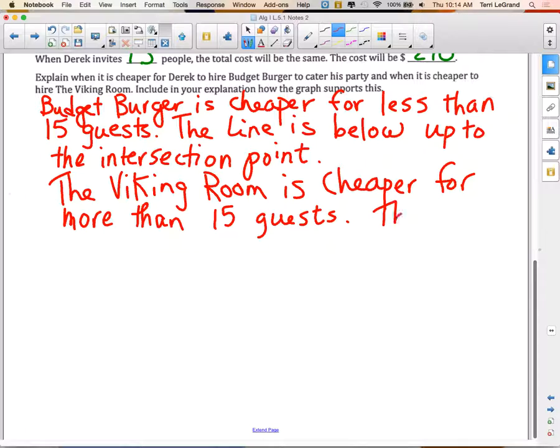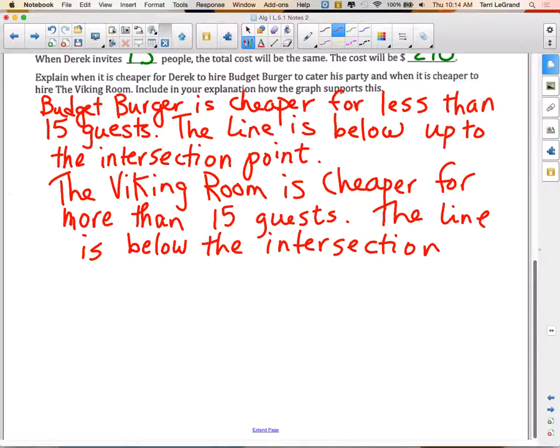The line is below the intersection point beyond it.